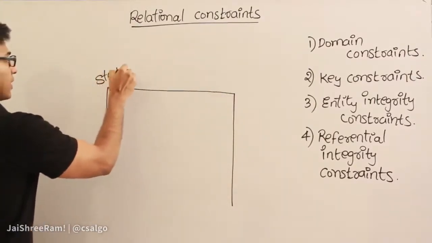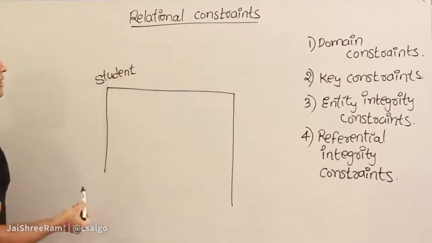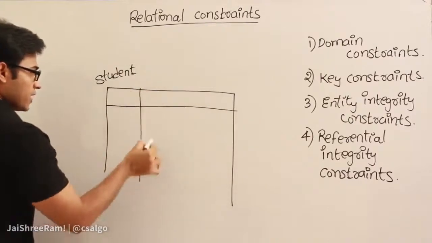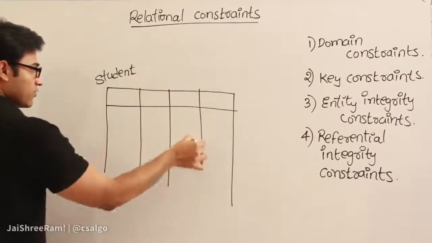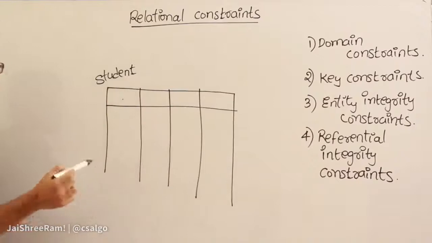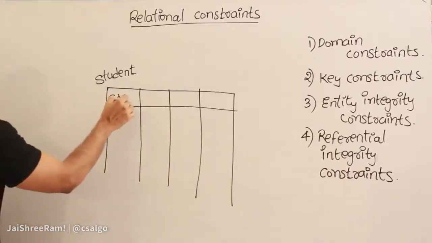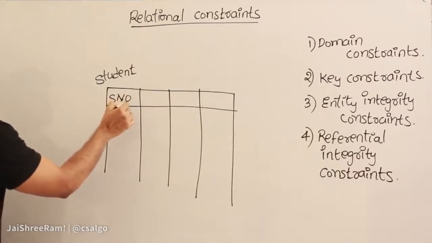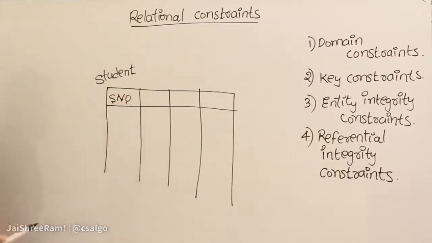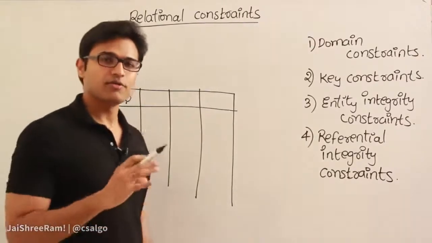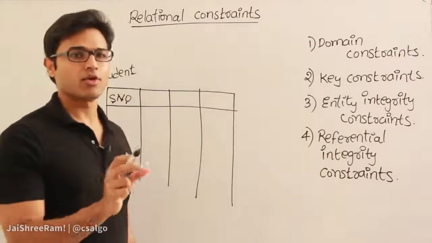Every value or every domain that you choose for an attribute has to follow the domain. For example, student name. You might define the domain for student name to be a set of characters, or a set of characters of variable length. If you have defined it, then all of them are going to follow that.